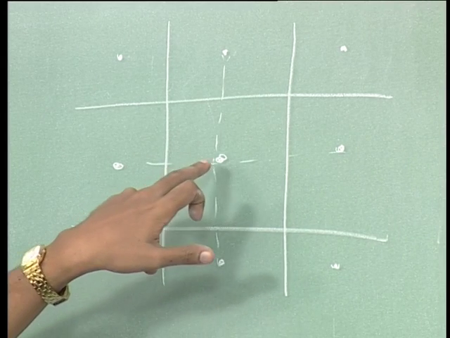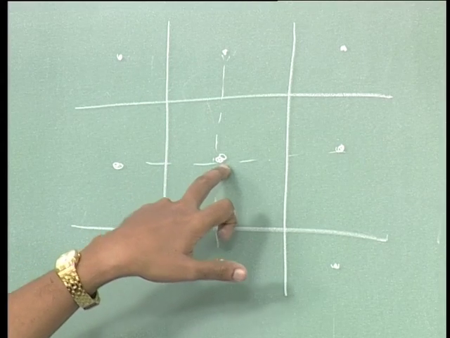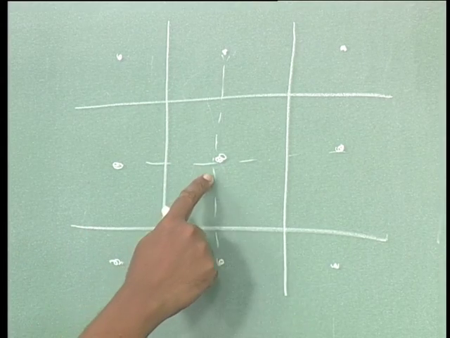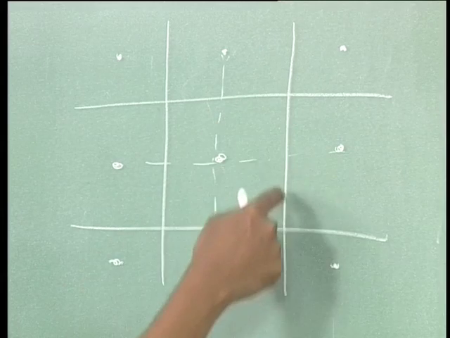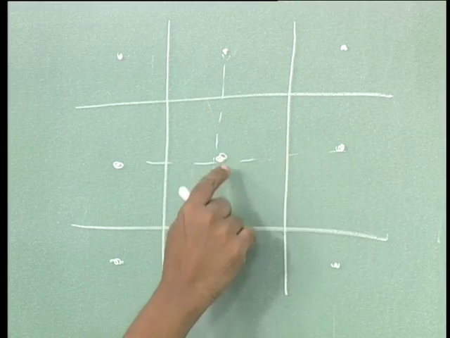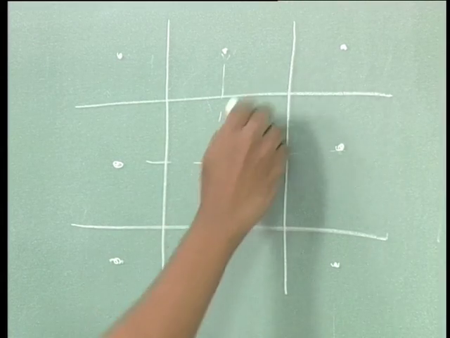If you designate this as the origin of your reciprocal space, then these lines are perpendicularly bisecting the lines joining this origin to its neighbors.